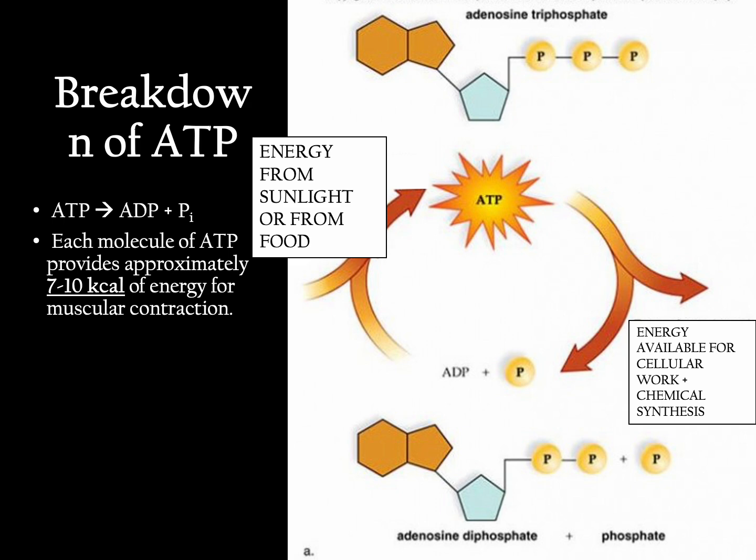In order for this to take place, the ATP is split by an enzyme called myosin ATPase. Each molecule of ATP provides approximately 7 to 10 calories of energy for muscular contraction. And then it rebuilds back into ATP.